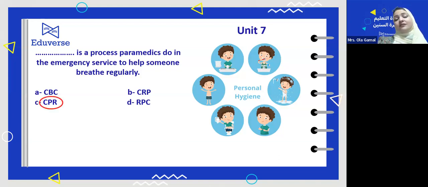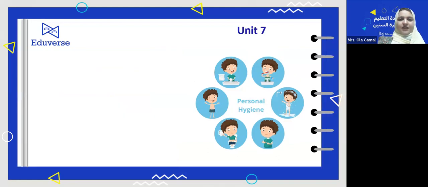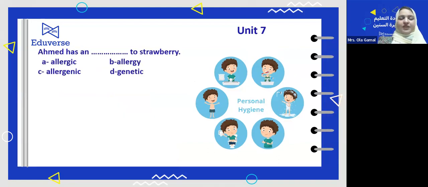So who can tell me what CPR is an abbreviation for, or a short form for which words? Yes, it's a short form for cardiopulmonary resuscitation. So CPR is the short form for cardiopulmonary resuscitation. Let's move to the other question.